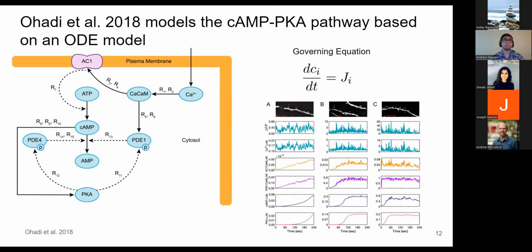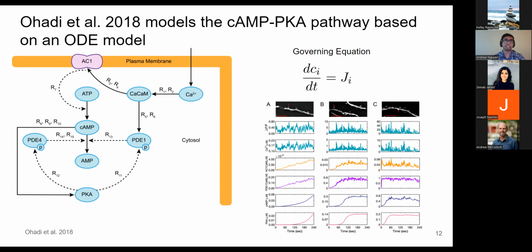She built a mathematical model of calcium-induced cyclic AMP and PKA pathways to integrate different steps in the modulation of signaling components in this pathway. This model was constrained using experimental data in the literature, and the model predicts that the components in this pathway serve as a frequency modulator of calcium dynamics, such that this pathway only picks up the lower frequencies of calcium influx.